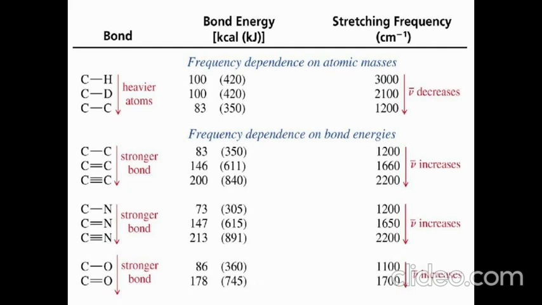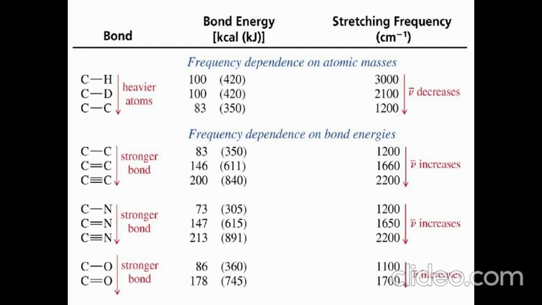Now in CH, CD and CC, the difference is that one bond has hydrogen, the second bond has deuterium, and the third bond has carbon, and all of them are single bonds, so there will be no difference in the bond strength, which means the force constant k will be approximately the same. So the difference will be in the mass, meaning the reduced mass.